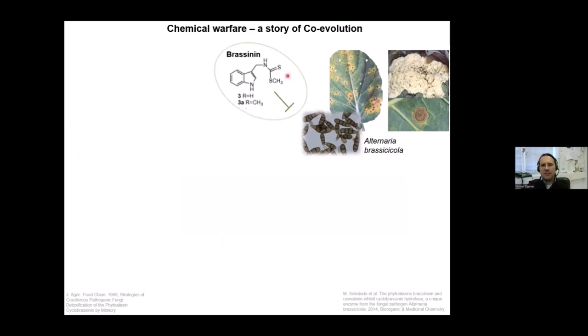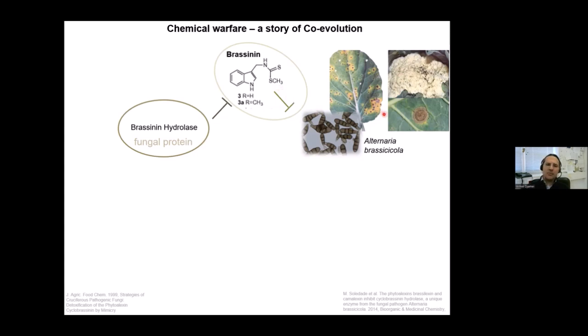And the plants produce a phytoalexin, brassinin, which is an antimicrobial compound from the plant, inhibiting Alternaria brassicicola. But this fungus has evolved an enzyme, brassinin hydrolase, which is degrading brassinin.